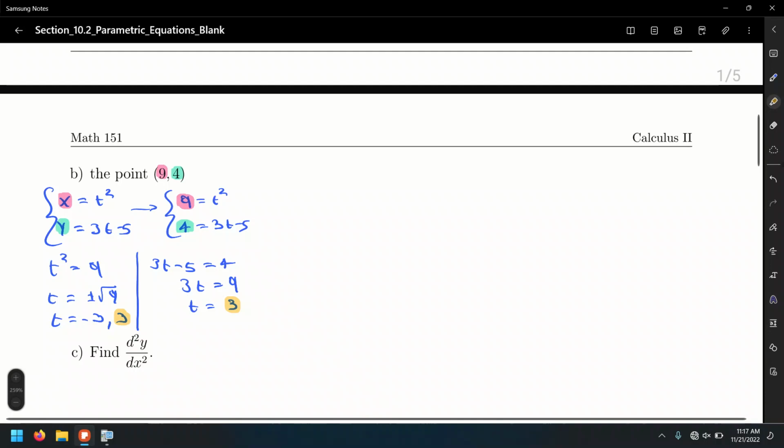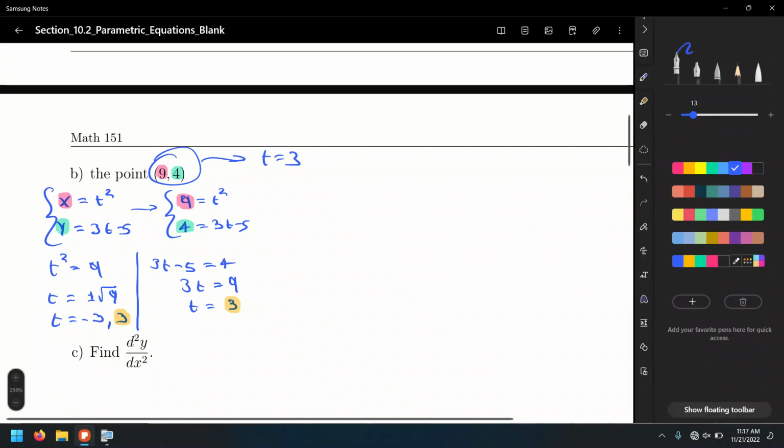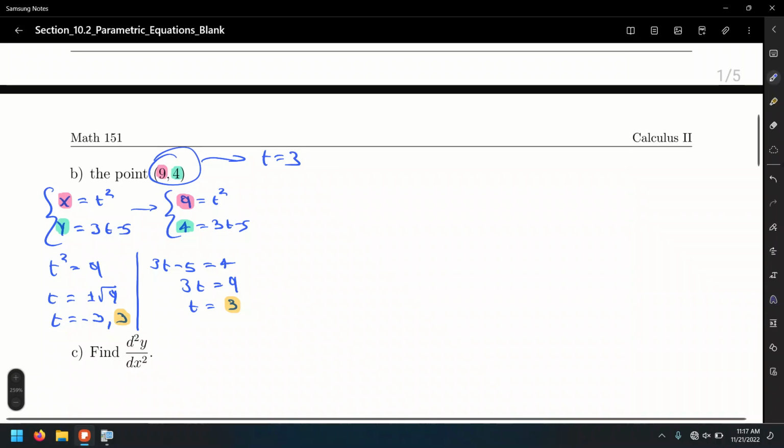All right. So now that we know the time, that means t equals 3. We may go ahead and evaluate the derivative at t equals 3, that is dy/dx evaluated at t equals 3, and in this case, this is 3 over 2 times t.